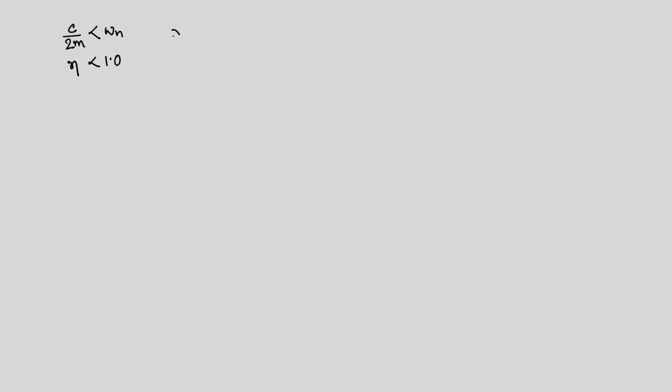So, we have lambda again is equal to minus C by twice m plus minus square root of (C by twice m) whole square minus k by m, whole under square root, and we have omega n square is equal to k by m.